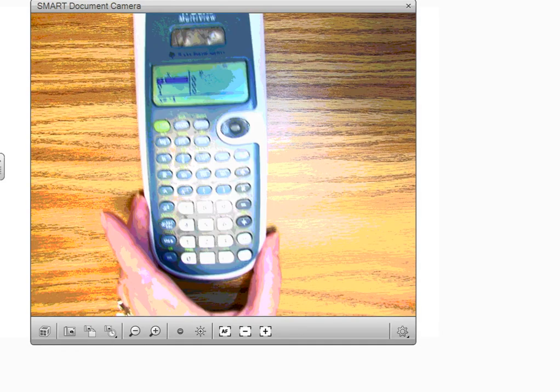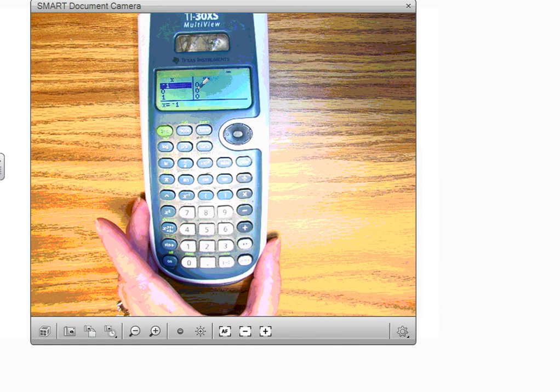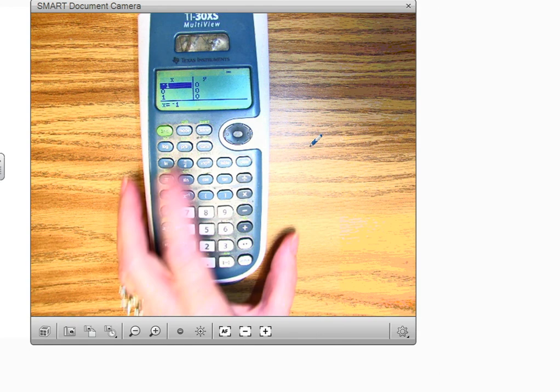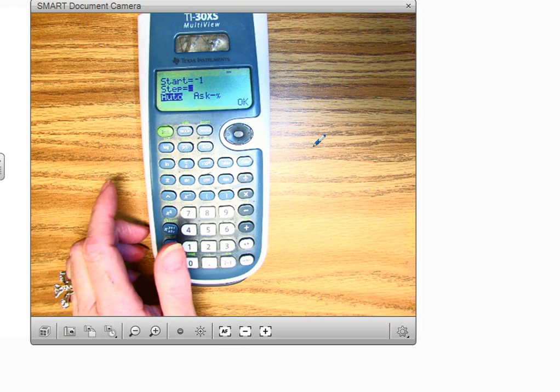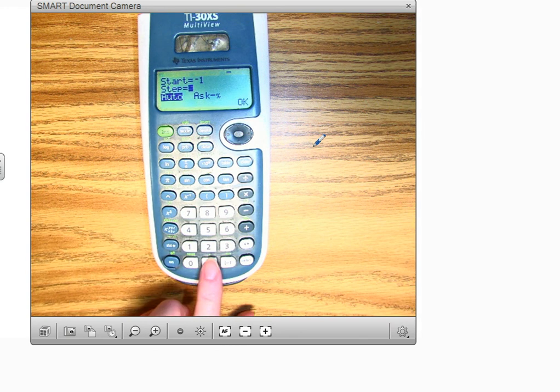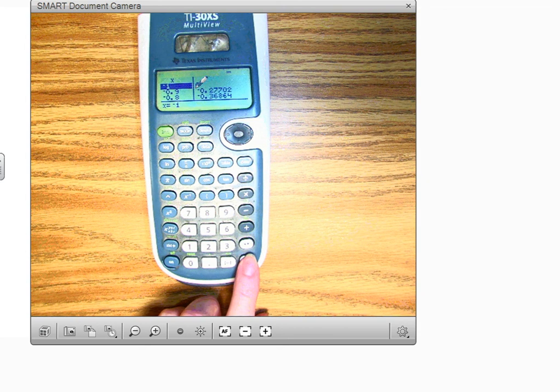All right? I'm going to show you how we can get in here and find those relative maximums and minimums. So we're going to go to table of values. We're going to hit enter again. We're going to step by smaller amounts. Okay, we were taking a full step. Let's look at a tenth of a step and see what happens to my table of values. Okay, there's my 0.